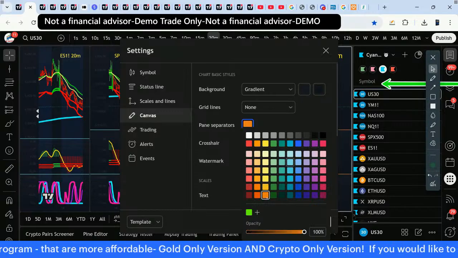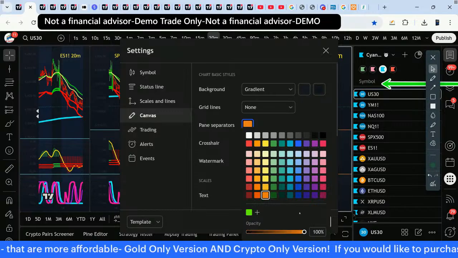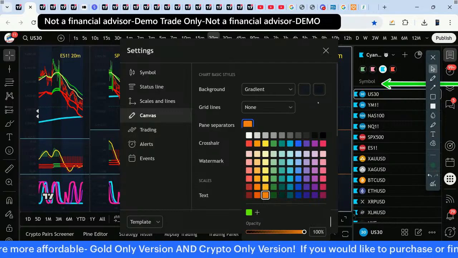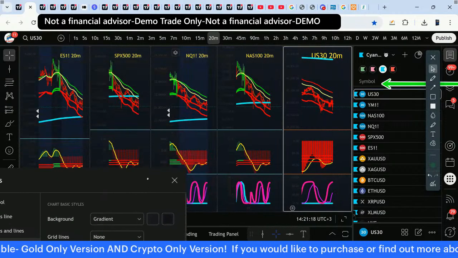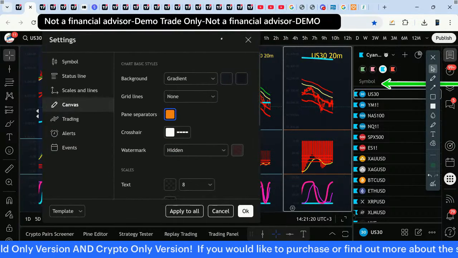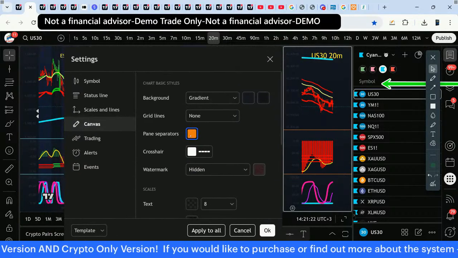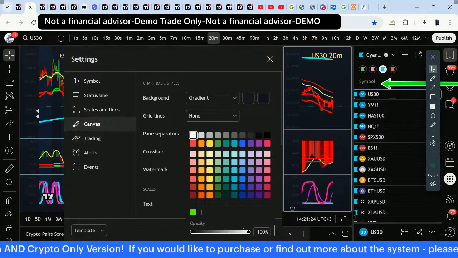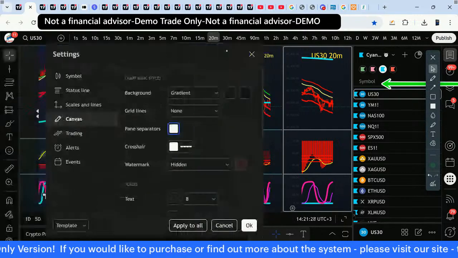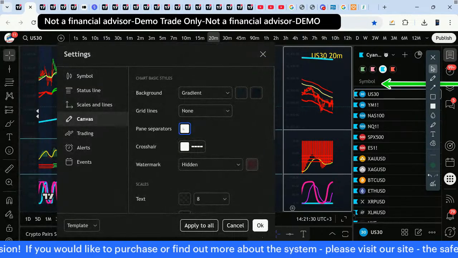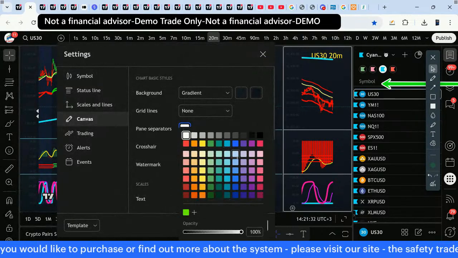What are we seeing here? I don't think I see a difference. Pane separators. Oh, those are the pane separators. Can we make that thicker? Opacity. No, we cannot make those thicker. Pane separators.